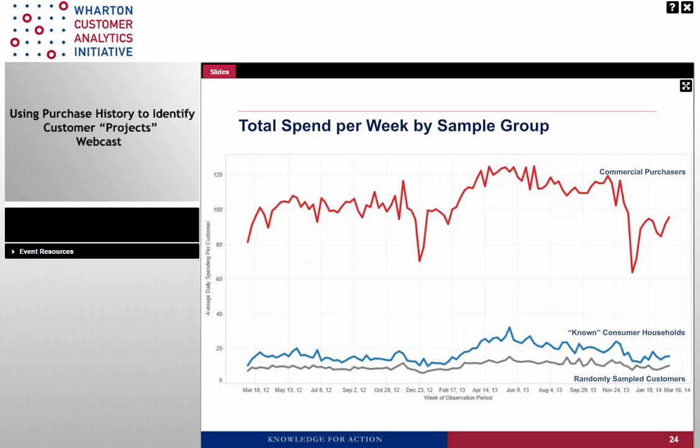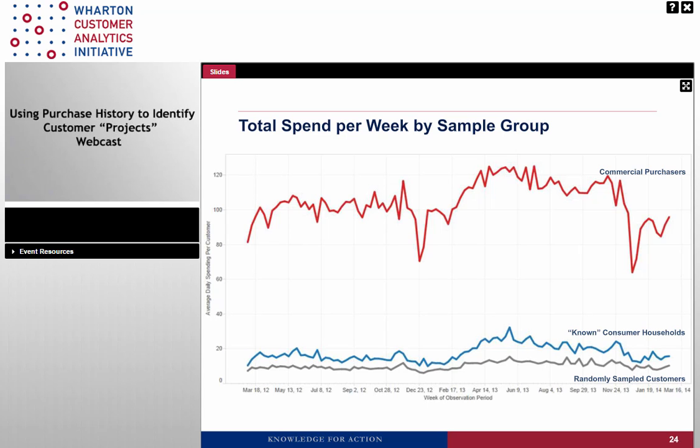If we look at the total spend per week by sample group, we'll see that, as I mentioned before, the commercial purchasers purchase at a significantly higher volume than the known consumer households. You'll see that they also follow different spikes.